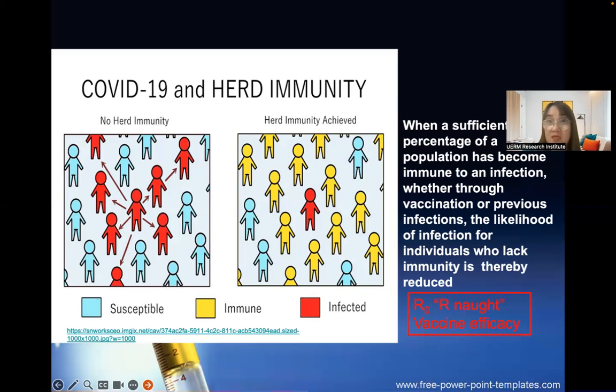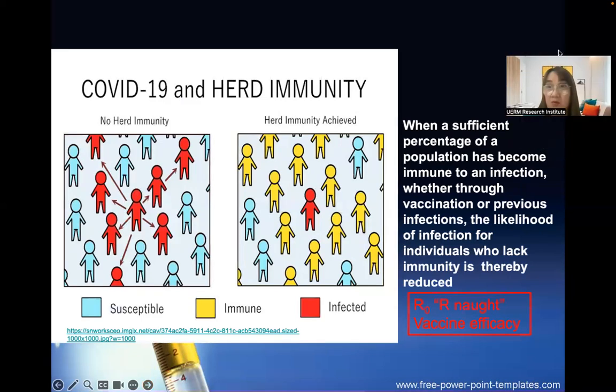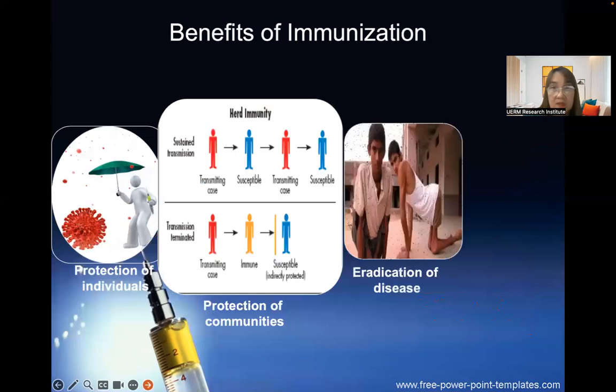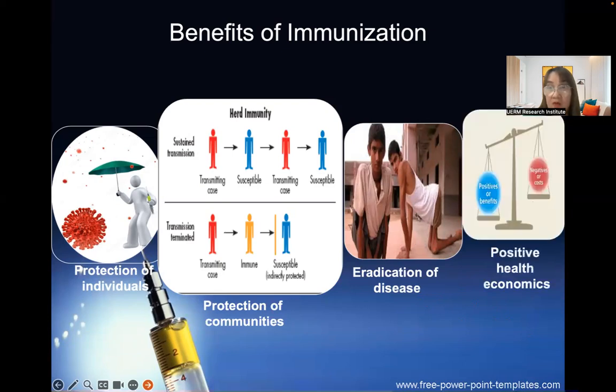So when a sufficient percentage of the population has become immune to an infection, whether through vaccination or previous infections, the likelihood of infection for individuals who lack immunity is thereby reduced. So we can eradicate the disease, and because we can eradicate the disease, we will have positive health economics.